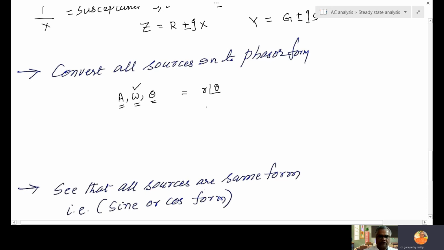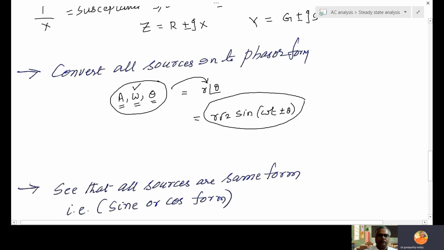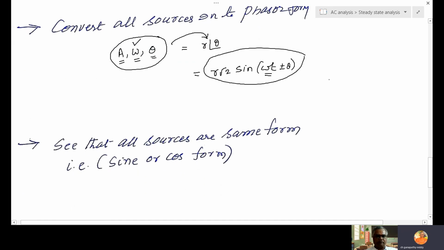Do the analysis. At the end, attach the sine or cos function, omega t again plus or minus theta. So this trigonometric form changes into phasor, frequency is hidden, do the analysis, get the end answer. That answer is converted back to trigonometric form by attaching sine or cos, whatever it is, and frequency. That is the secret of phasor form. That is the reason why we convert all sources into phasor form.